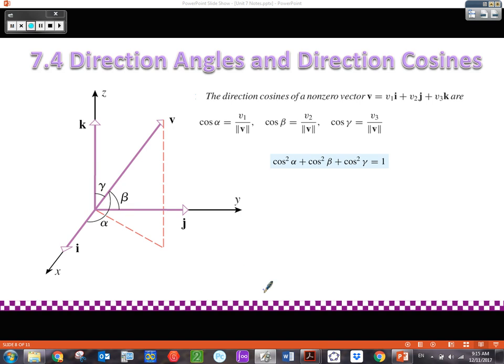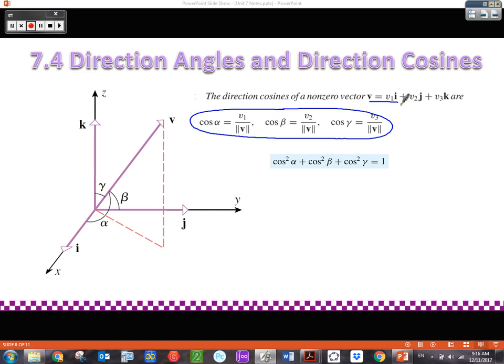So how do we find those? We have formulas, and that's where the direction cosines come in. We have formulas to be able to find those angles using cosine. So let's talk about where that comes from.